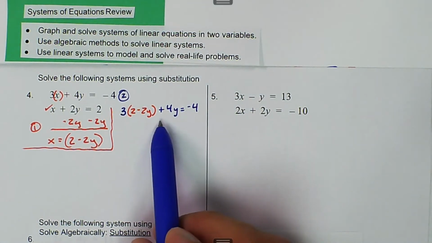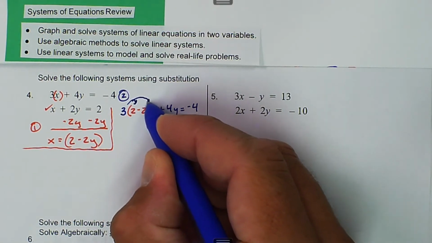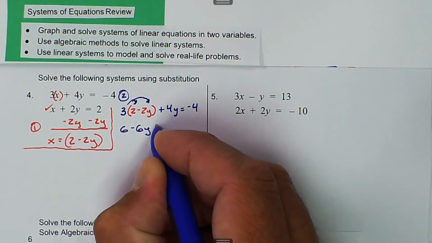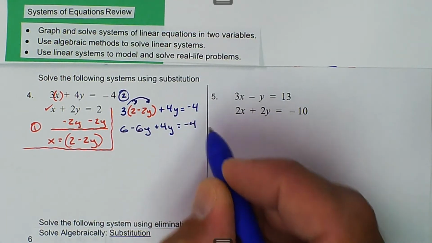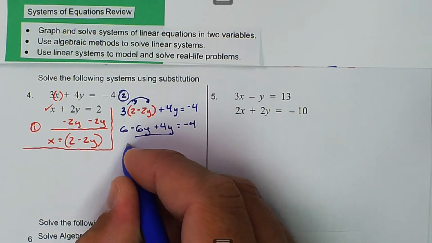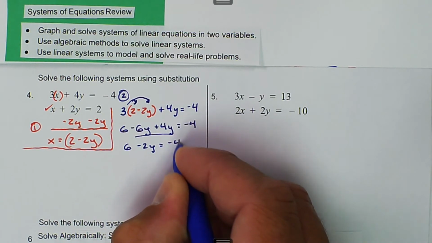Now we want to do our math to solve to get y by itself. So I can distribute the 3. I get 6 minus 6y plus 4y equals negative 4. We can combine like terms here. So we get 6 minus 2y is equal to negative 4.